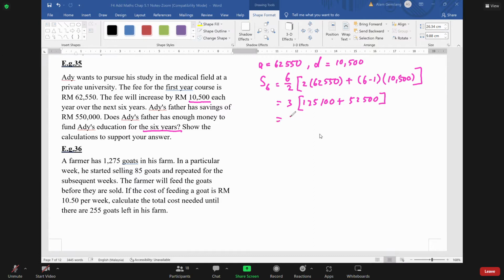So you add up, and it is 177,600, right? Times 3. So you get RM 532,800. Okay, so difficult, right?